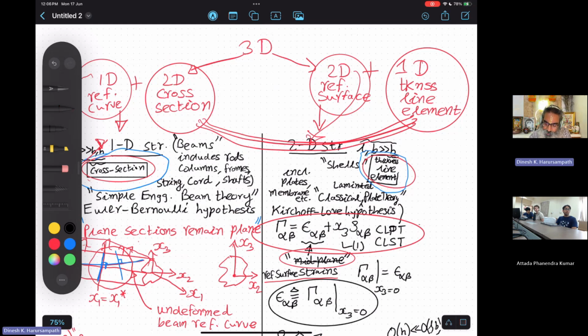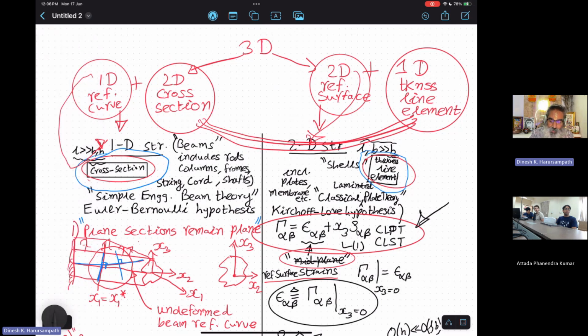So this particular equation is what I'm talking about, which is the main thing that came out of the eighth assumption that we have made, which is essentially the assumption about the 3D strain being linear in the thickness. And also the analogy with the beams.